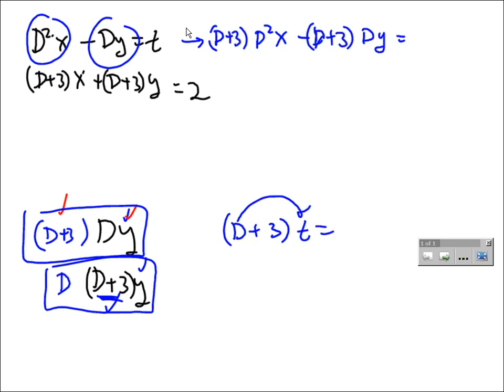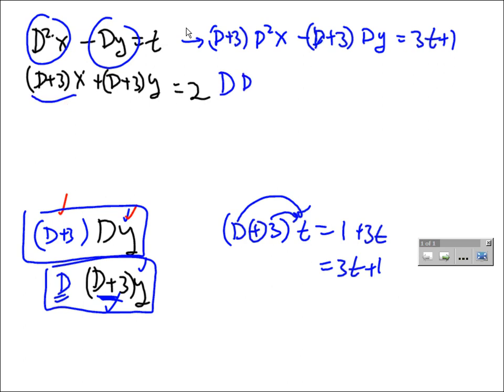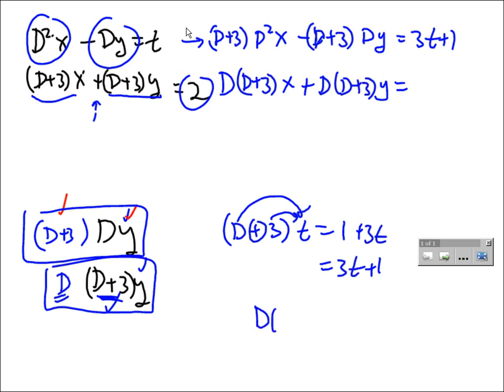If the derivative of t is 1, plus 3t is 3t. Of course, addition commutes. It's 3t plus 1. In the bottom, I do d. I do d on this, plus I do d on that, and I do d on 2. That is, I take the derivative of 2, which of course is 0.